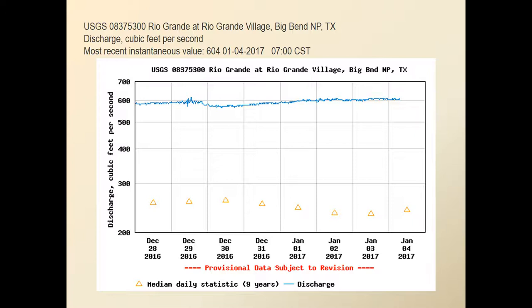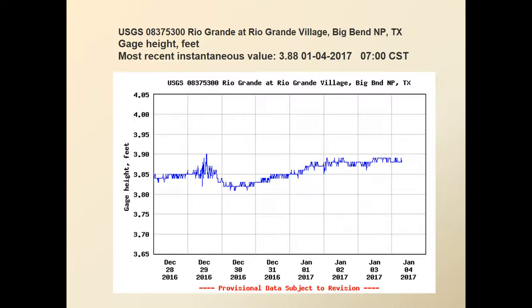Pictured here is a hydrograph of the flow rate over New Year's in Del Rio at Rio Grande Village. The discharge measured at midnight on December 31st was just below 600 cubic feet per second. The companion graph here shows gauge height only in real time.